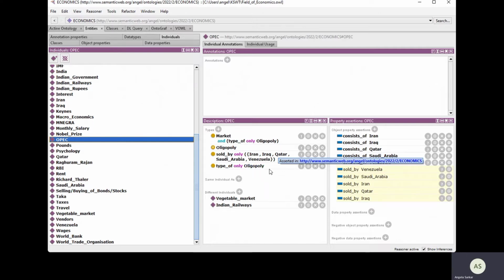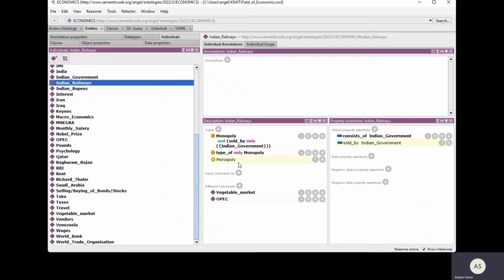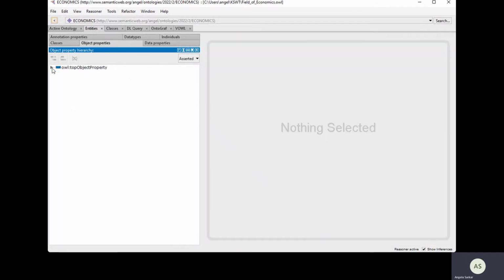Apart from this, we have also defined the object property assertions and data type assertions, and these are different individuals like vegetable market and Indian railways, which are instances of other market structures like perfect competition and monopoly. So let's have a look at the object properties.